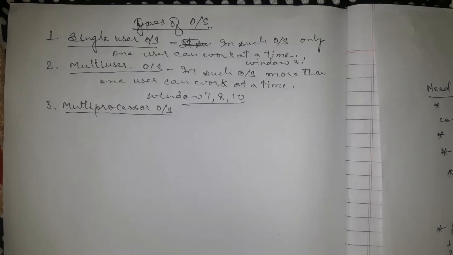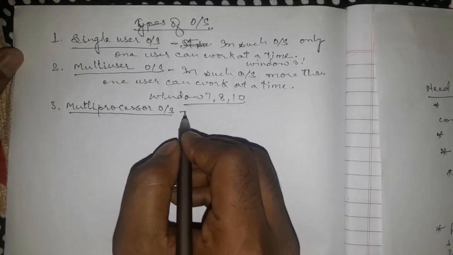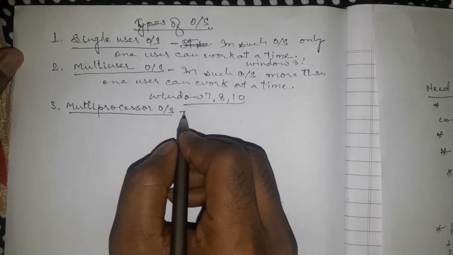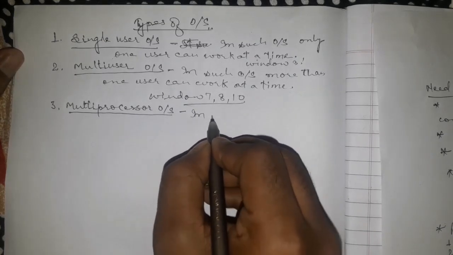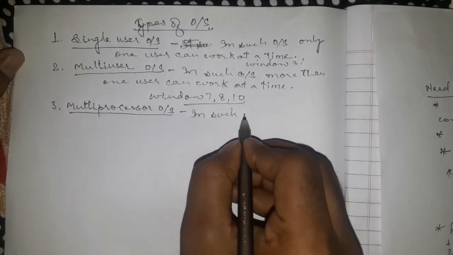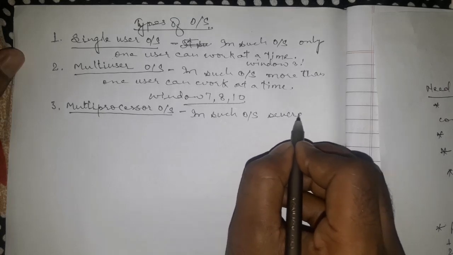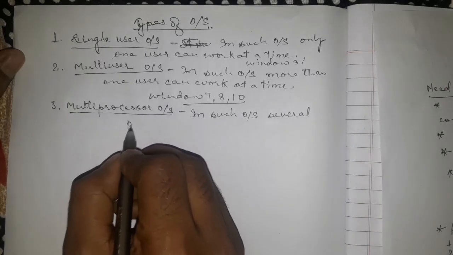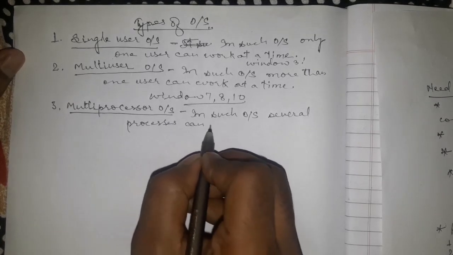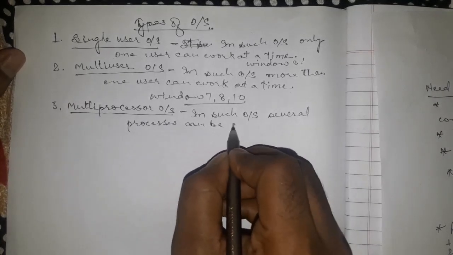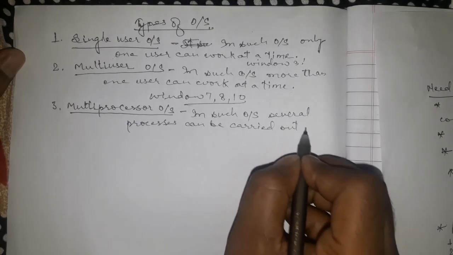You can write the detail of multiprocessor operating system as: in such operating system, several processes can be carried out at a time.